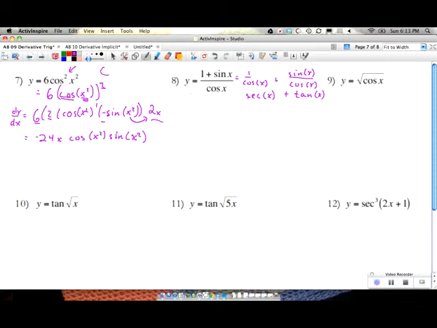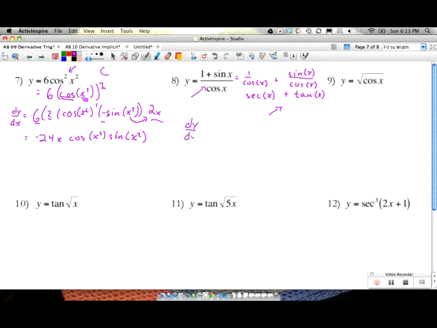That's interesting, because now I've changed it from a quotient rule into a sum or difference rule. And I know the derivatives of secant x and tangent x based on the table I was given earlier. The derivative of secant x is going to become secant x tangent x. And the derivative of tangent x is going to be secant squared x.